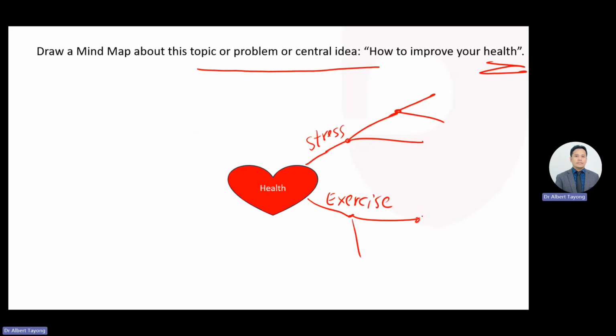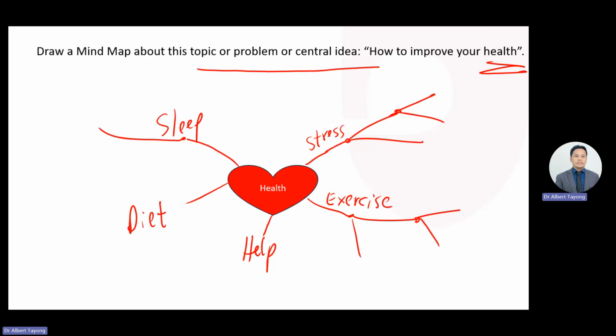And then your sub branches. Maybe you can talk about health and diet. Diet is very important. Maybe you can talk about sleep. So here actually I'm using 5 main branches, but at least 4 actually are needed. So here I mentioned stress, exercise, health, diet, and sleep.